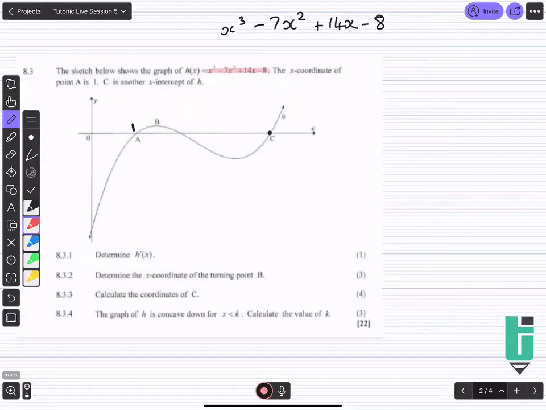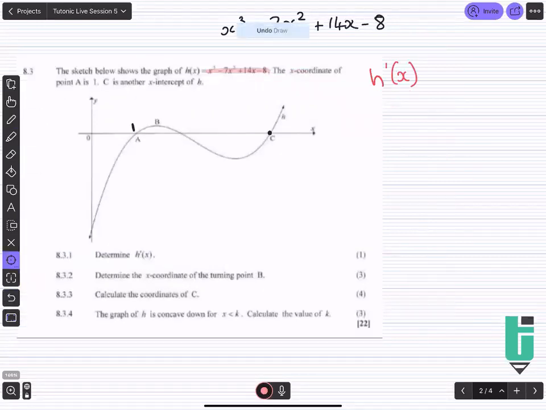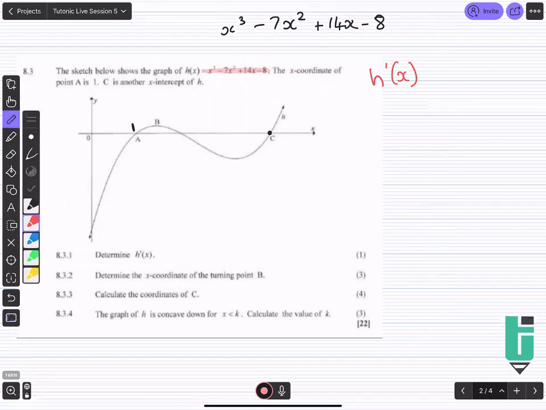Right. So we're gonna say h prime x, because that's one of the notations for the derivative. If you just write the derivative, they don't know this is the derivative, so you need to tell them you're doing the derivative. So 3x squared.